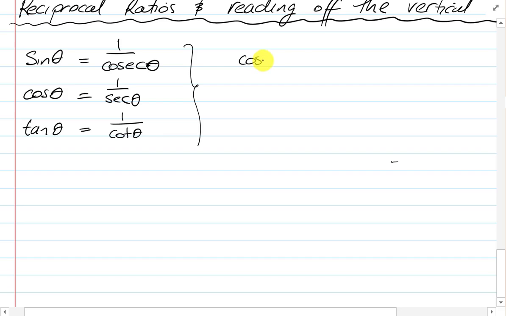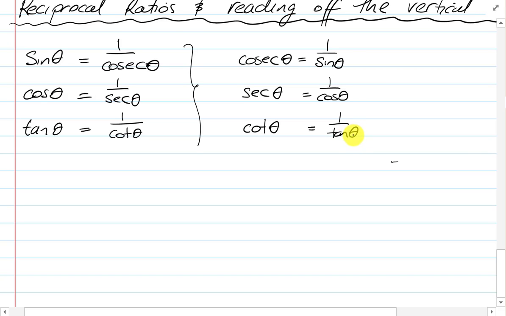So cosec theta is equal to 1 over sine theta, and sec theta is equal to 1 over cos theta, and cot theta is equal to 1 over tan theta. So these are inverse ratios, and they will help us when we get to our graphing stuff. They'll help us with some of the equations and things like that we might meet moving forward.